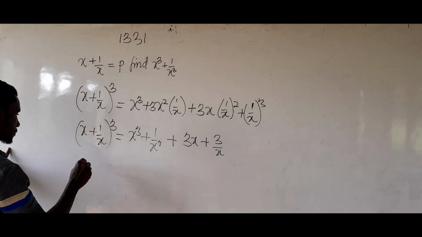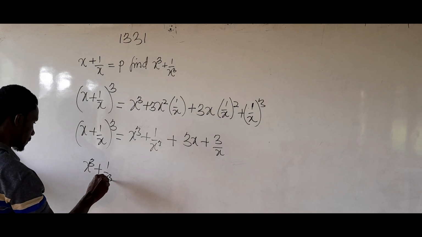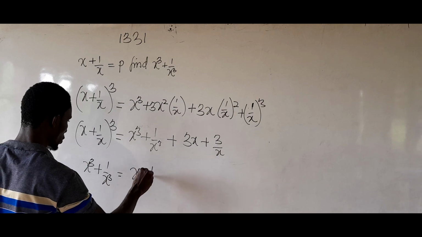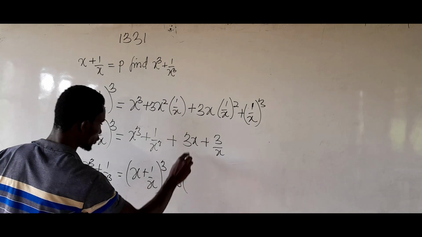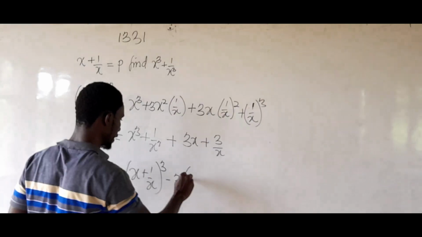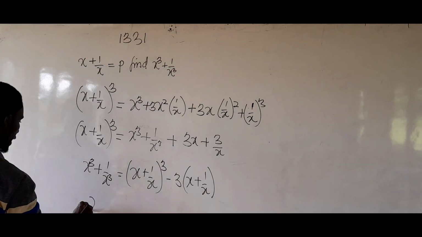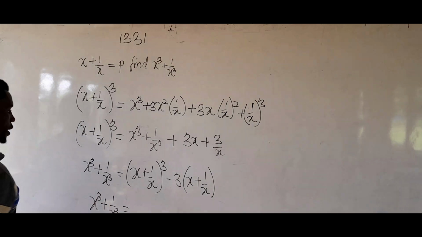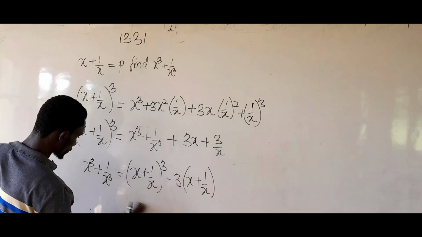So I will get x cubed plus 1 over x cubed is equal to, because I'm bringing this one here, x plus 1 over x all to the power 3 minus 3 out of, because here if you factorize 3 out here, you get x plus 1 over x. So I'll get x plus 1 over x.